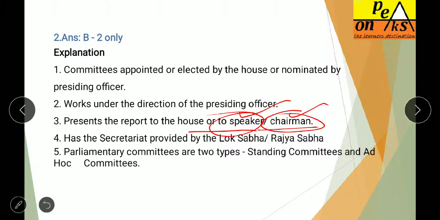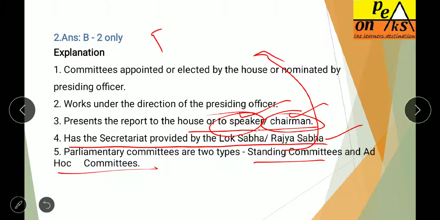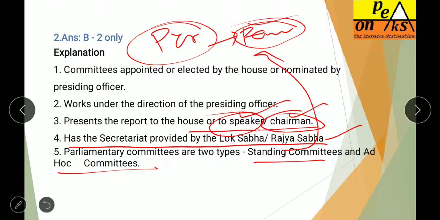Also, the secretariat is provided by either Lok Sabha or Rajya Sabha with respect to their house committees. Parliamentary committees are of two types: standing or ad hoc committees. Standing committees are permanent in nature, and these are appointed or elected periodically for a fixed term, and they work on a continuous basis.